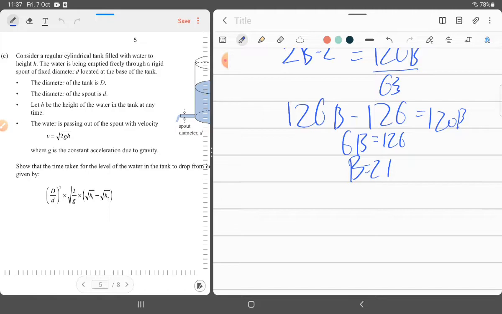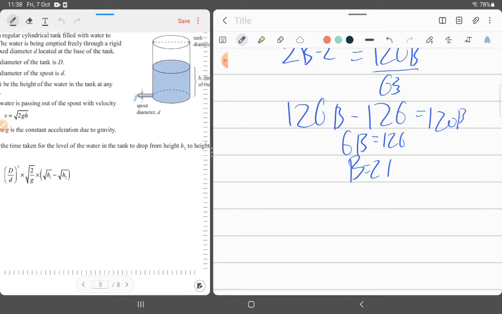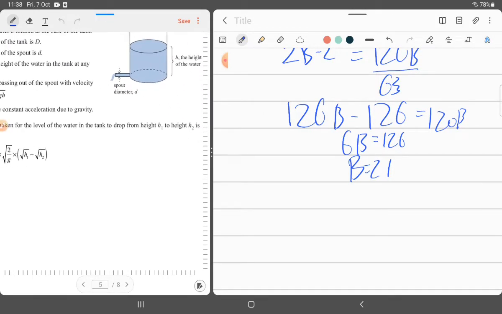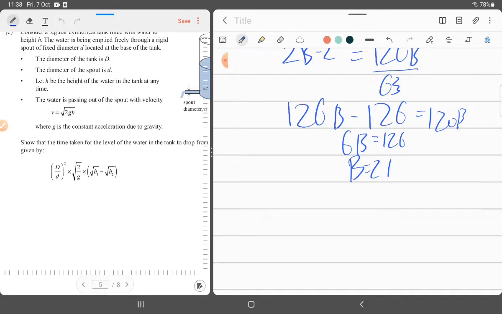The diameter of the tank is D. The diameter of the spout is D. Let H be the height of the water in the tank at any time, the water passing out of the spout with velocity V equals square root 2GH, where G is constant. Show that the time taken for the level of the water in the tank to drop from H1 to H2 is given by this.